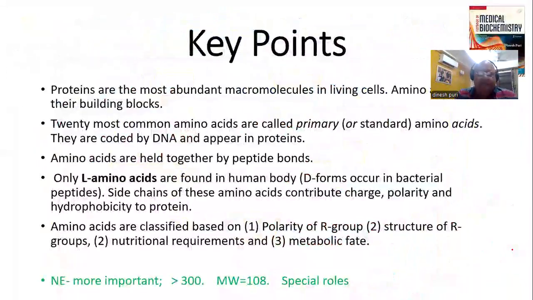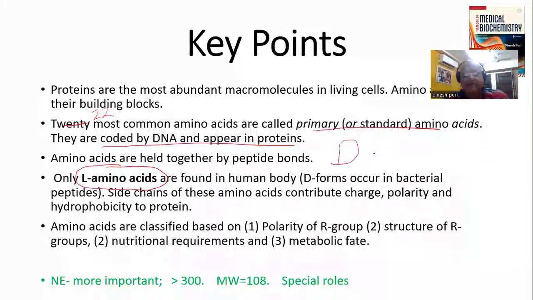All right. So the key points: proteins are the most abundant macromolecules. The 20 most common are called primary or standard. Rather, now we can call them 22. They are coded by DNA and appear in protein. One more point which I purposely didn't tell you, only L amino acids are present in the body.